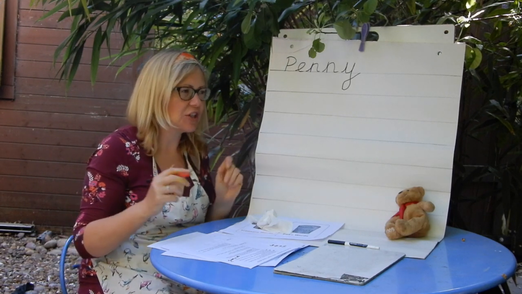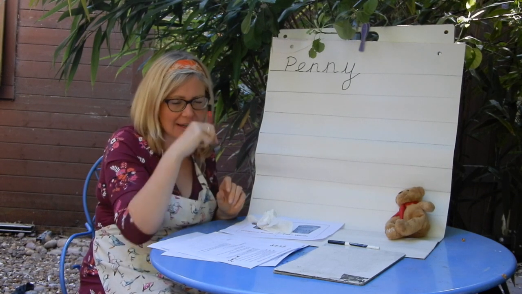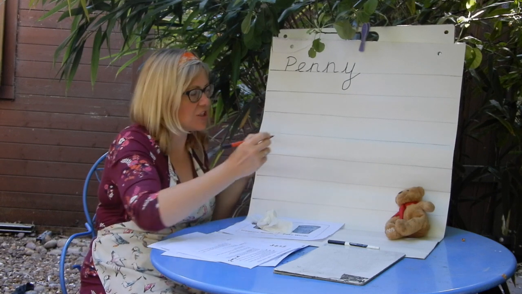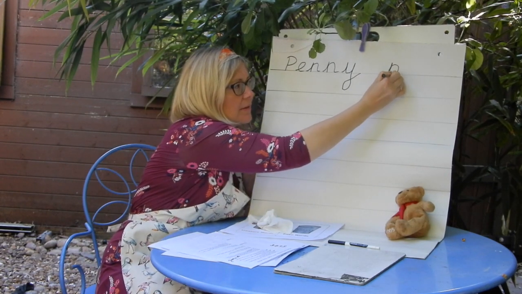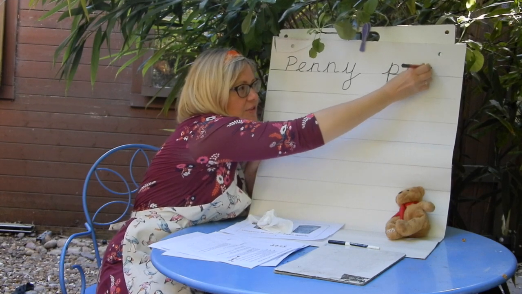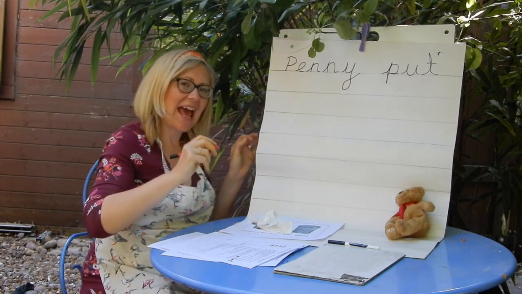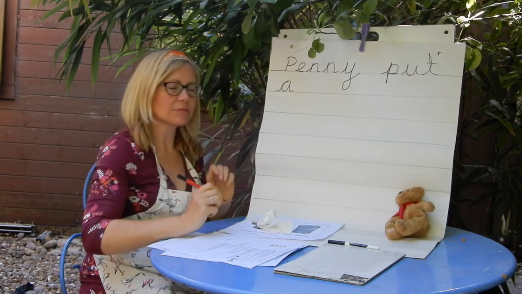So put is one of our common exception words, or one of your keywords even, it blends a bit like put. Okay, so that's the tricky bit about put. It looks like put. So I'm going to go t, and then I know I've spelt put right. Penny put a, we all know how to do the common exception word a, there it is.